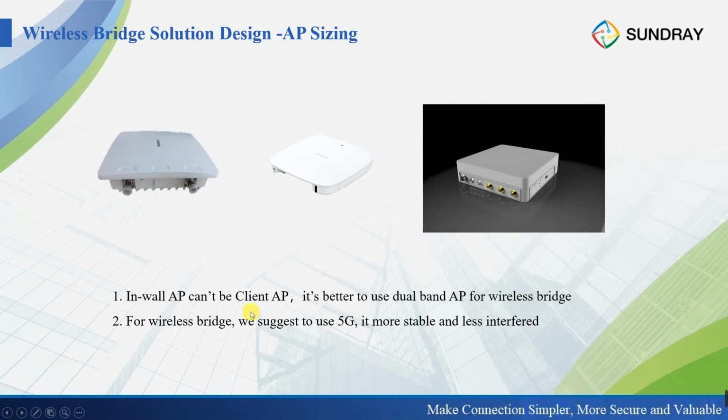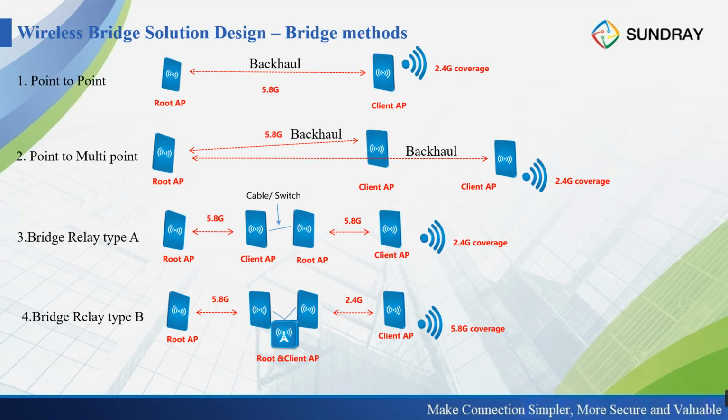But the indoor AP cannot be used as a client AP, so you should know this. For the wireless bridge, we support point-to-point and point-to-multipoint bridges. We can also support the relay. For the relay, we have type A, where we use two APs for the relay, and type B, where only one AP works as root and client at the same time.